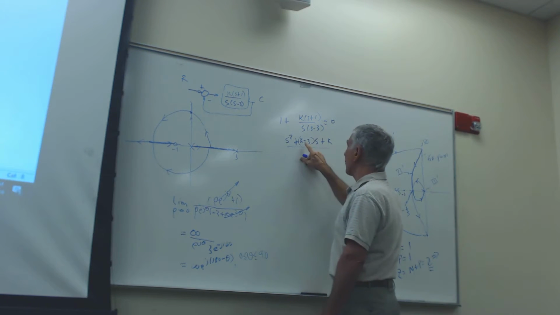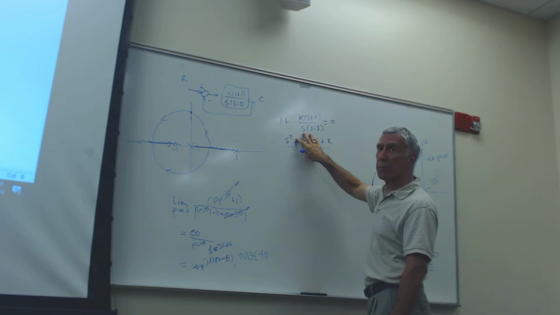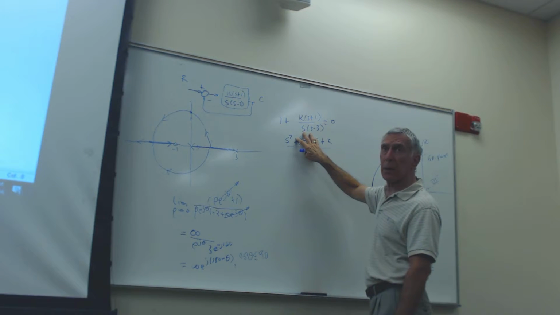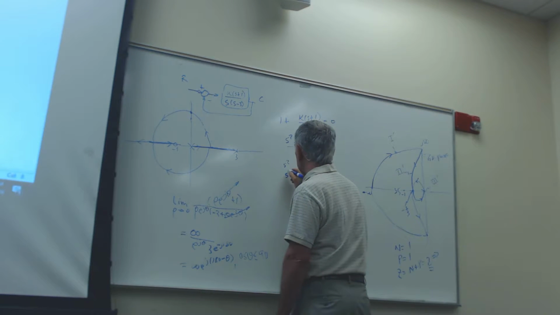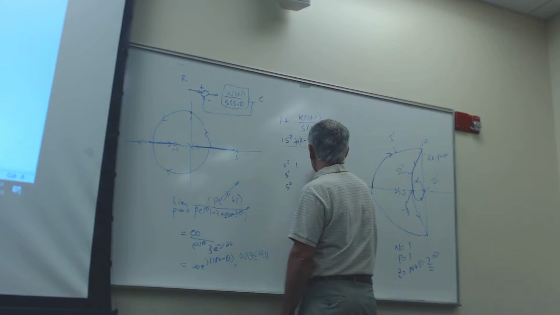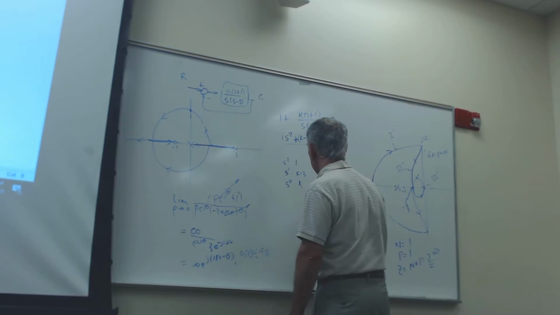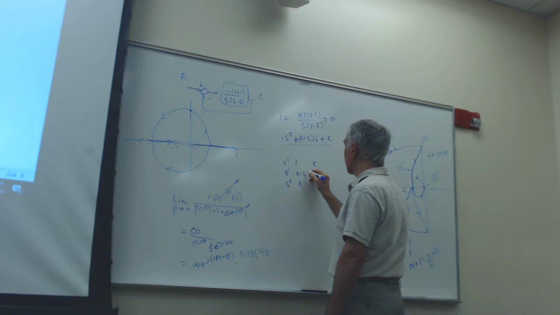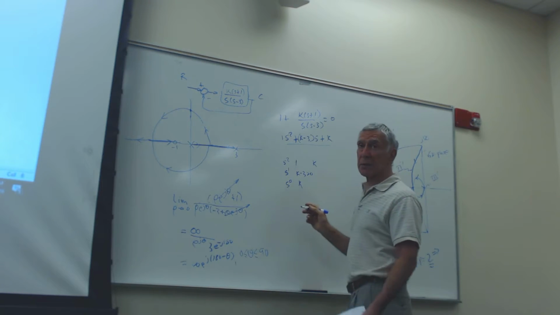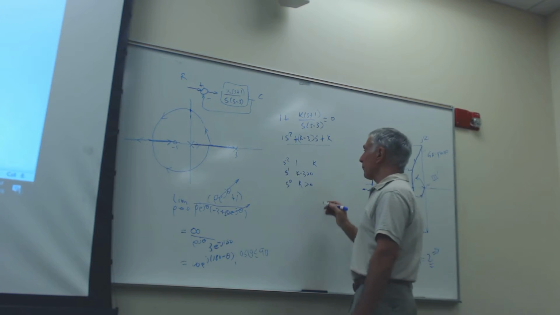Okay, so you can do the Routh array, or you can even just take a look at this: when K is equal to 3, what we'll have is s squared plus 3. Okay, let me write the array. s squared, s to the first, s to the 0. We've got 1 and K minus 3, and K. That K just moves down there. For stability, there should be no sign changes.